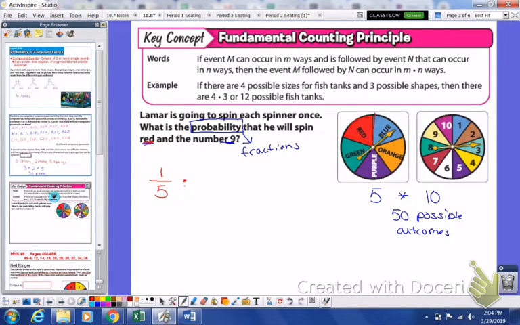So then times the number 9, and there's only 1 9 here, so only one way to get the 9, but there are 10 possible numbers. So we multiply these fractions together just like we would have multiplied over here to get that our probability is 1 over 50, which is 2%. So our answer here, he has a 2% chance that he will spin a red and a 9 on those 2 spinners. All right, that's the end of this lesson, the end of the chapter.